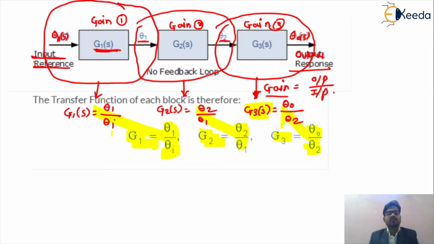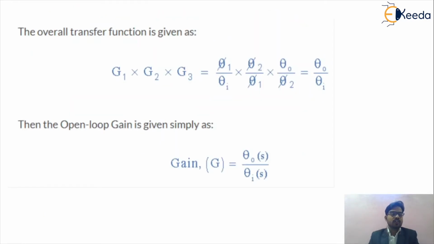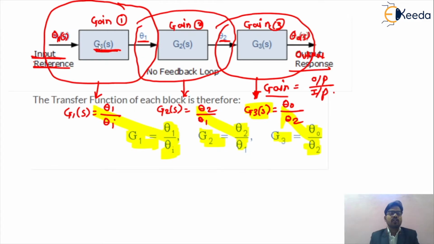Now we can move forward with your system. So now we can find the overall transfer function of your system, which is nothing but the gain of the whole system, that is blocks 1, 2, 3, because we want the value of the overall gain of this system. To get the overall gain, we multiply G1 into G2 into G3.